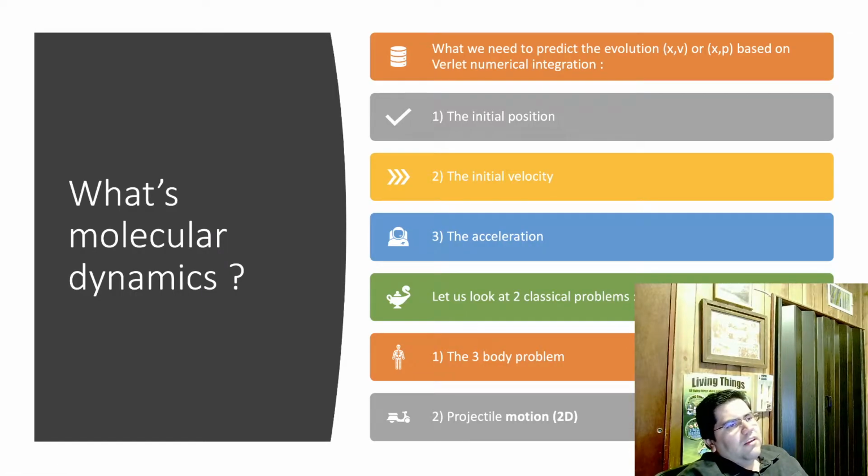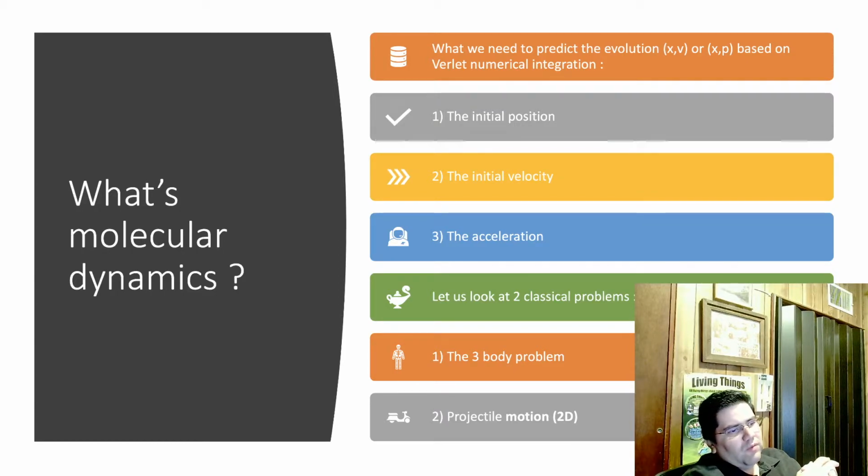Now, if we continue, what we have to do is predict the evolution, and that will be the position, x, and the velocity, or also the position and p, which is the same thing as the momentum. I mean, how you find the momentum, you only have to multiply the velocity times the mass. Okay, so usually we're working with velocities.